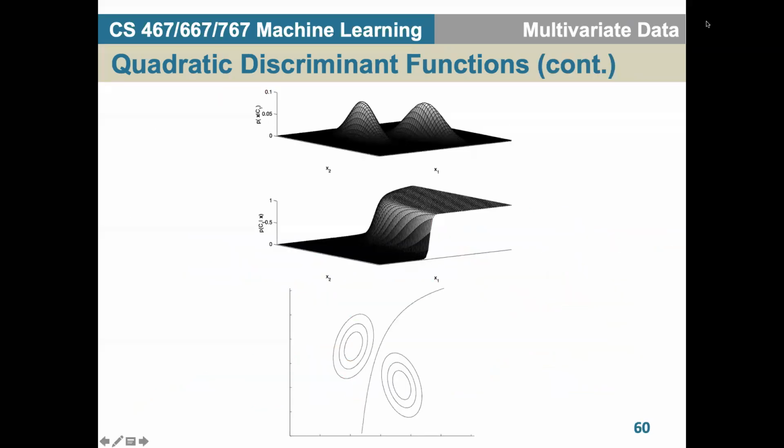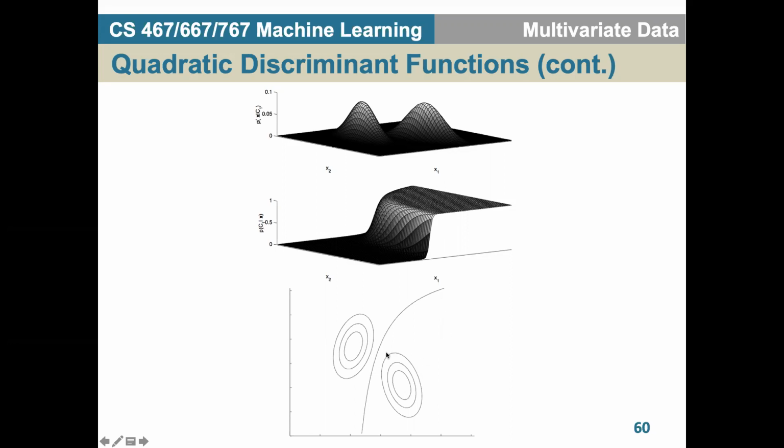Here is an example. If you have two Gaussian distributions, these are the PDFs of C1 and C2. After you compute the posterior, this is the posterior: if you see x, how likely you belong to Ci. The generative model is a Gaussian, and you will see a shape like this. Why?